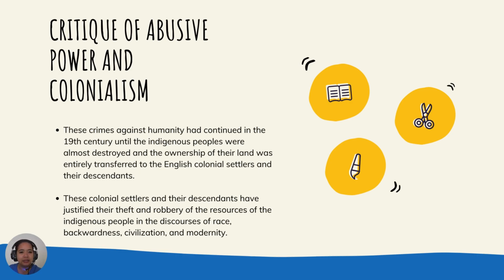Colonial settlers and their descendants have justified their theft and robbery of the resources, and therefore really looking into the freedom and the fight for indigenous people in the discourse of race and backwardness and civilization and modernity. So most of the literary works are really looking into injustices done to these people by those with high power.